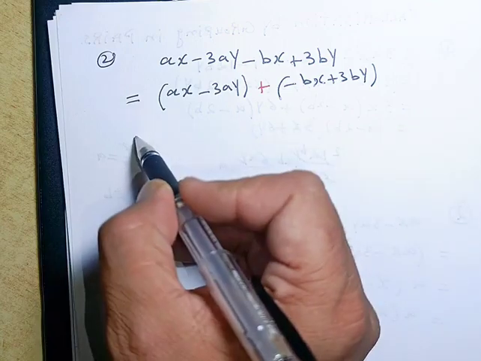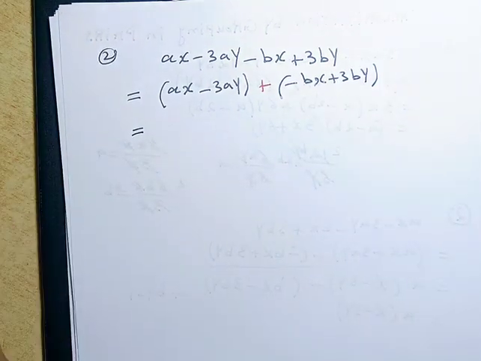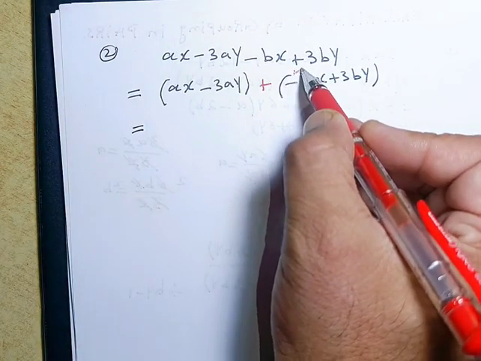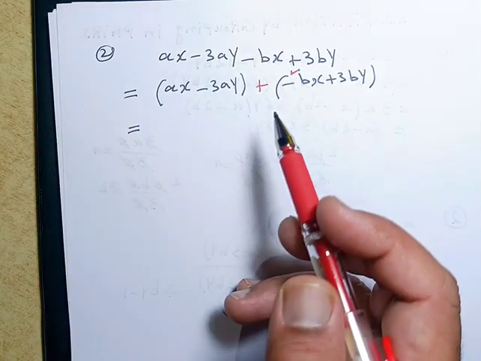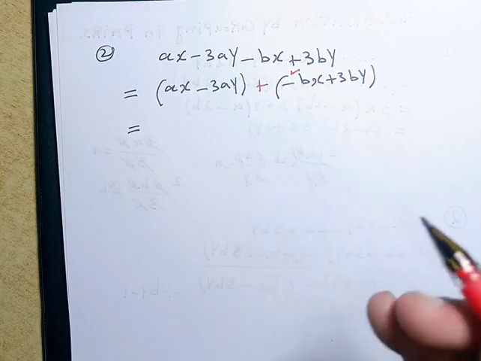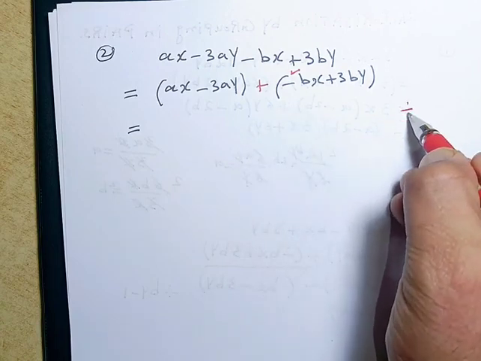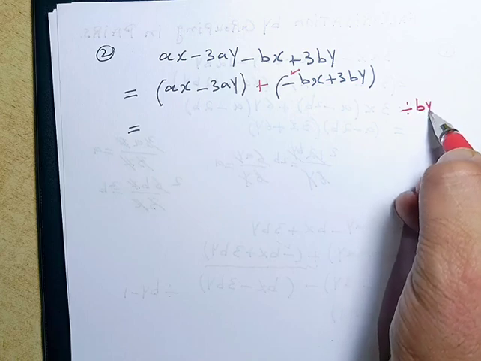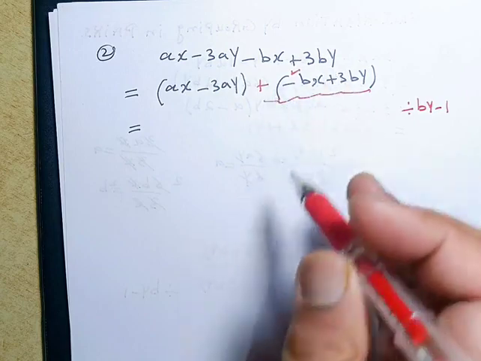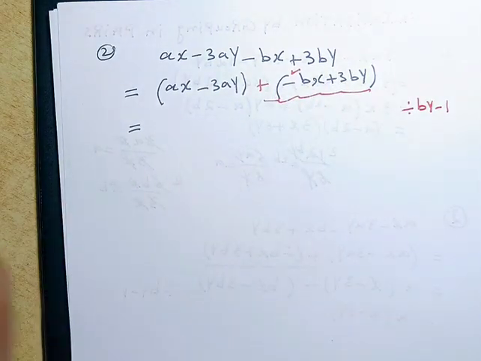Now have a look here. In the second bracket, the first sign is negative. We modify the second expression by dividing each term by -1. So you're going to divide by -1, only this second bracket.